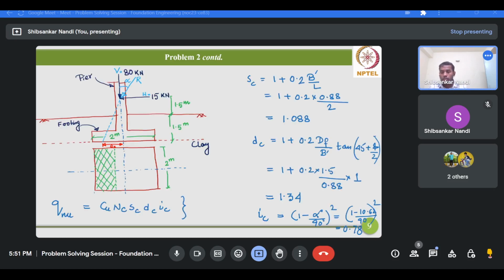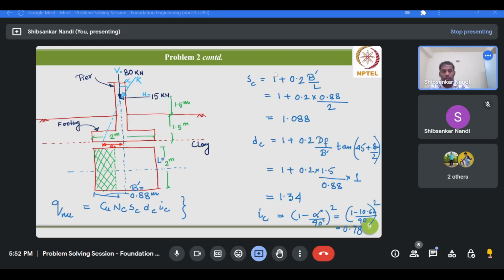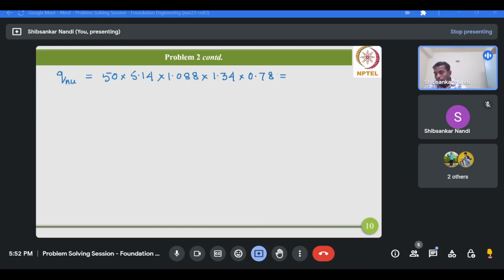So this dimension is your 0.88 meter, this is your L and this is your B. Therefore, this Qnu will be 50 times 5.14 times Sc of 1.088, Dc of 1.34, multiplied by 0.78. Okay. So what would be the final value?